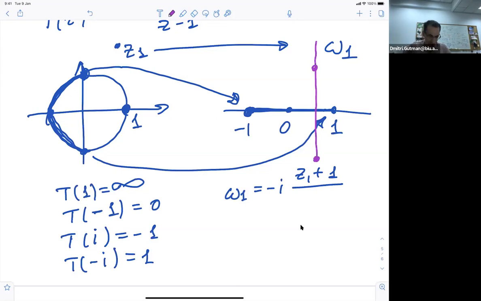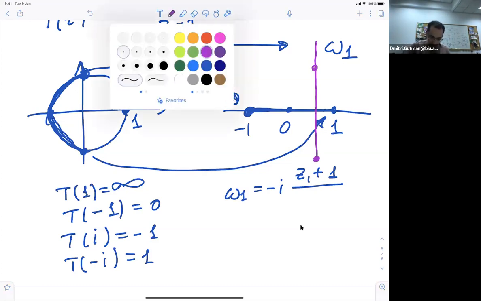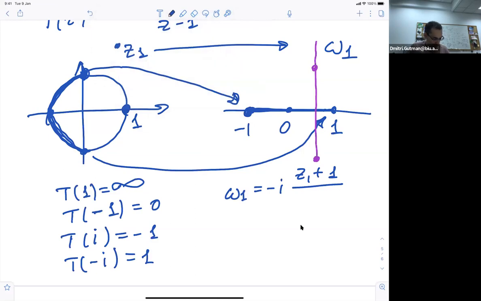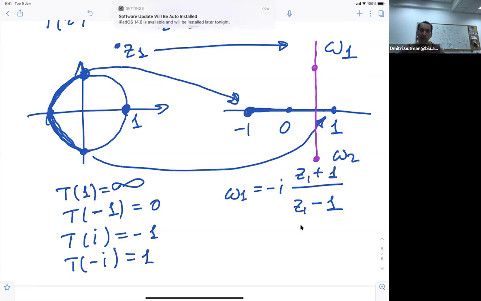What is the algebraic manipulation I need to perform in order to get this point W2?